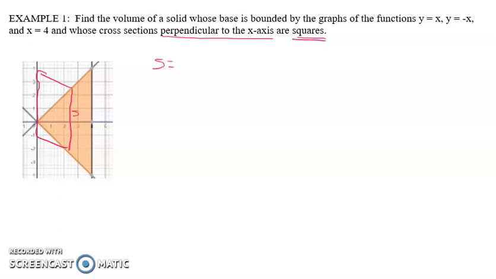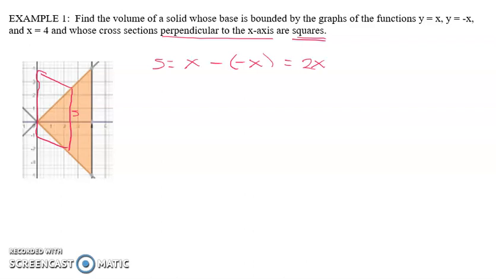So here we've got the top function that S line is touching, which is x. And then we're going to subtract the bottom equation that line is touching, which is negative x. So this is going to give us x plus x, which is 2x. So that means the length of this side of the square is going to be 2x.